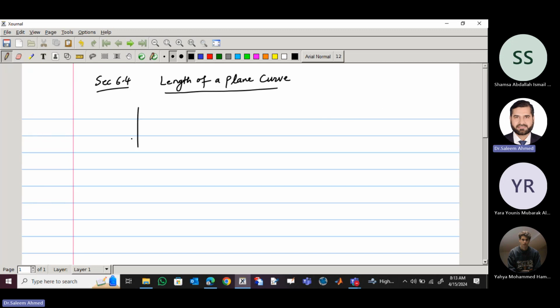You see, previously in 6.1, we saw that if a curve is given, y is equal to f of x, we found the area from A to B. The area problem was simply the integral from A to B of f(x) dx.